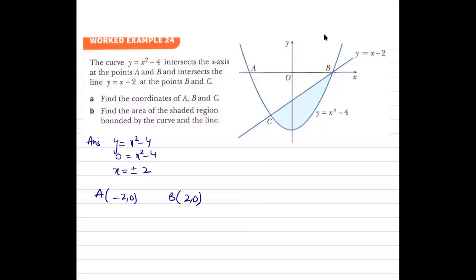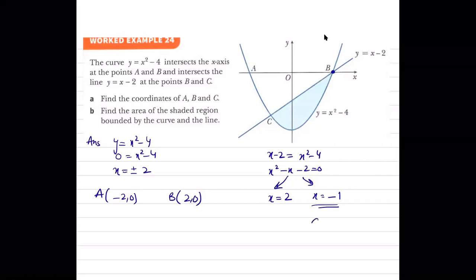To find the coordinates of C, I'm going to solve the two equations simultaneously, the equation of the line and the equation of the curve. So x square minus x minus 2 equals 0. If I do that, you are going to get two values of x. One is going to be plus 2 because B has a coordinate of plus 2, and the other is coming out to be minus 1.